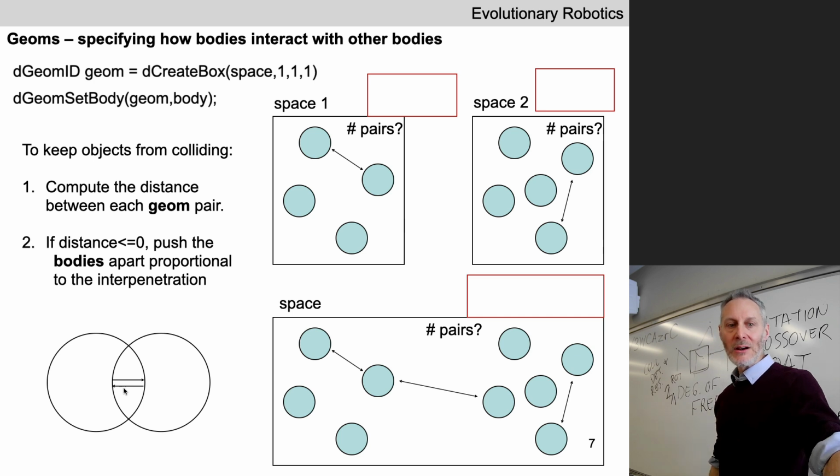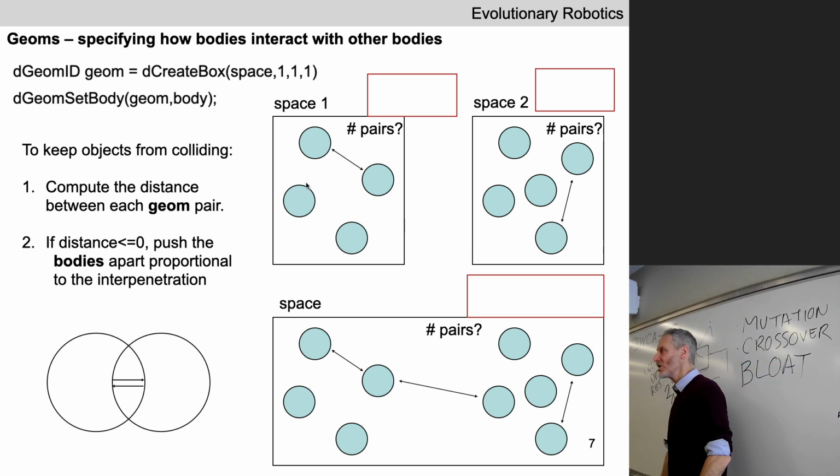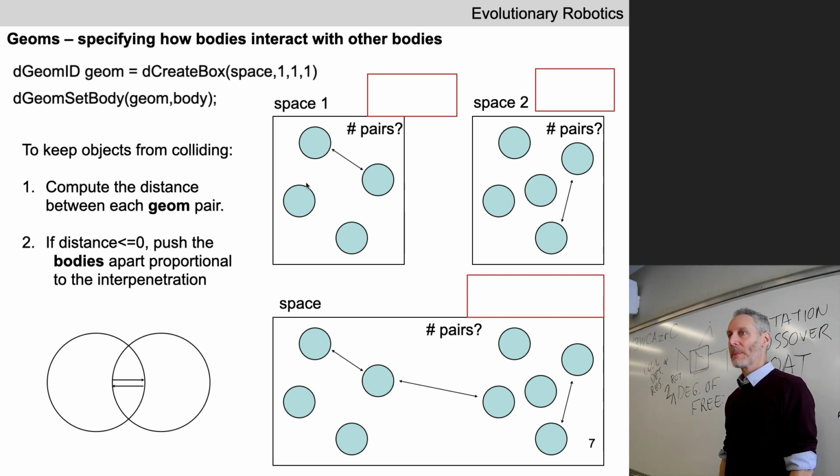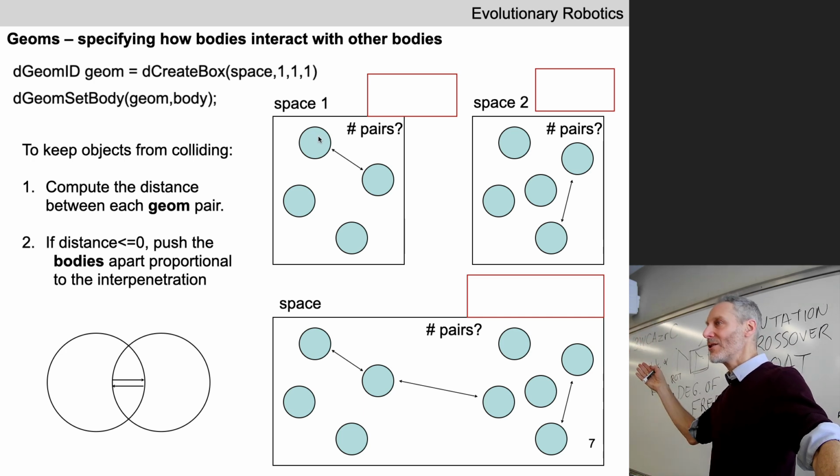Yeah? Okay, so I've got 9 objects. The physics engine needs to do how many collision detections? The simplest thing, I go to each of the 9, I start with this one, and I compute its distance from each of the other 8.